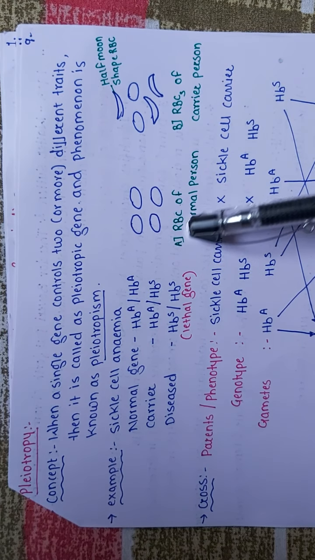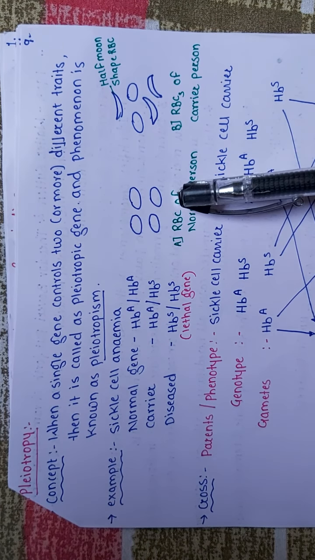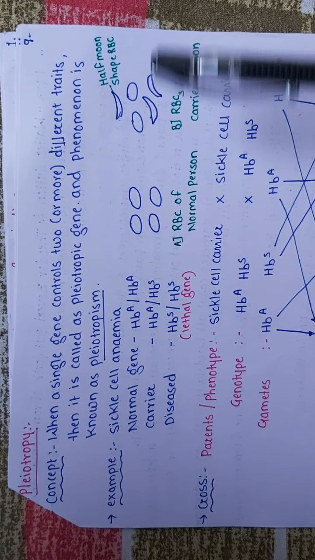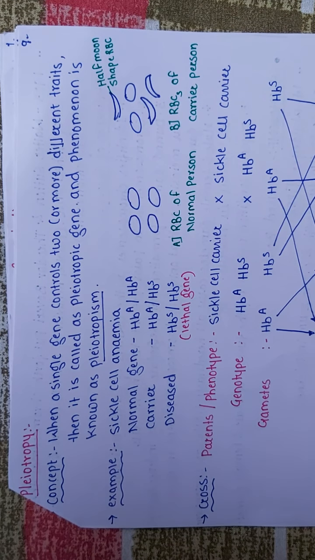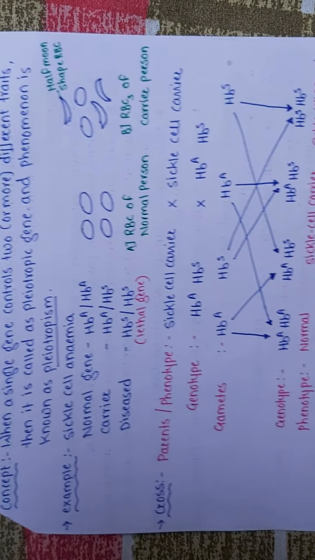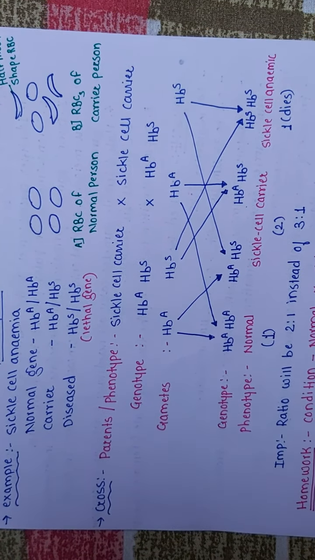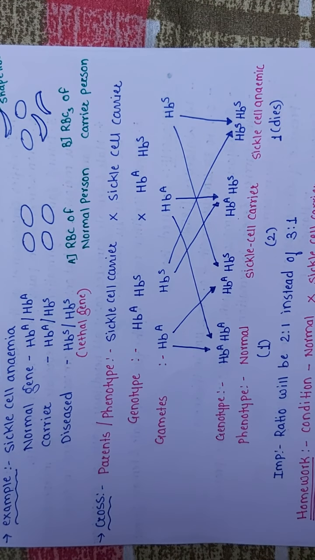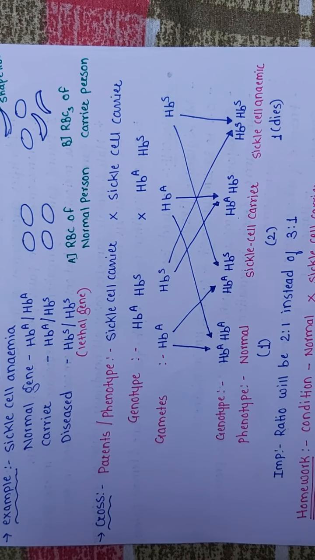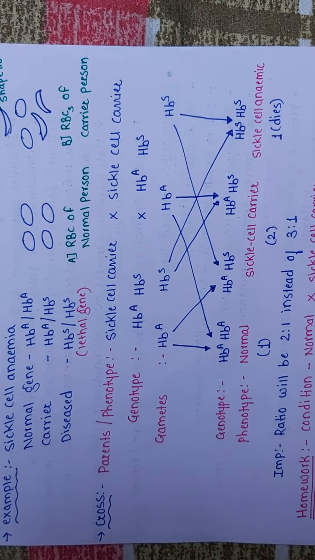This is the normal person's RBC, and this is the carrier person's RBC. They have shown the cross between a sickle cell carrier and a sickle cell carrier, which produces the ratio 1:2:1.